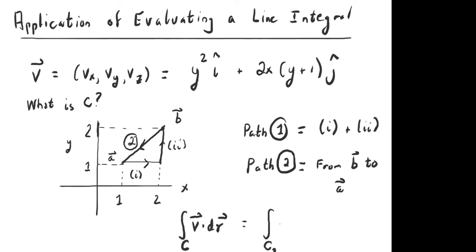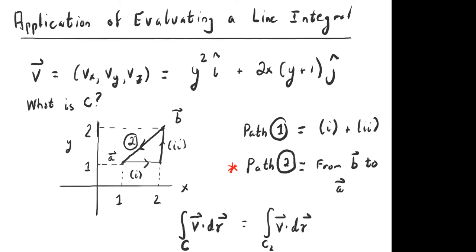So if someone gives you a path integral, then she has to tell you what the path is. Otherwise, you can't do it. So there it is. So I'm going to do this part first, and then I'll do path 1 second. Okay? So path integrals, line integrals involve doing integrals over paths.